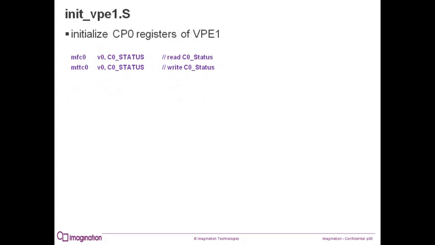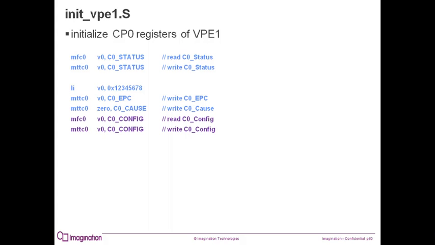The code copies the status register of the running TC to the status register of the TC being initialized. Initialize the error PC to a dummy value, clear the cause register, copy the config register of the running TC to the config register of the TC being initialized.